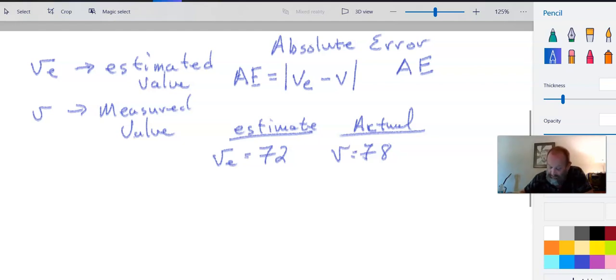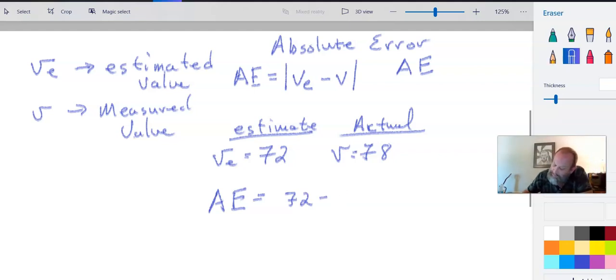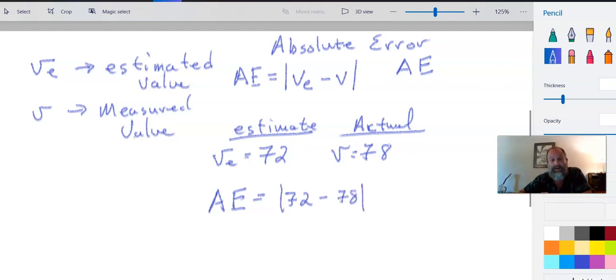If we go ahead and look at how to compute the absolute error here, this is basically how far off your estimate was. It would be 72, right? That's VE minus V. Oh, I'm supposed to put a value in here. 78, right? And then I'm going to take the absolute value of that quantity.